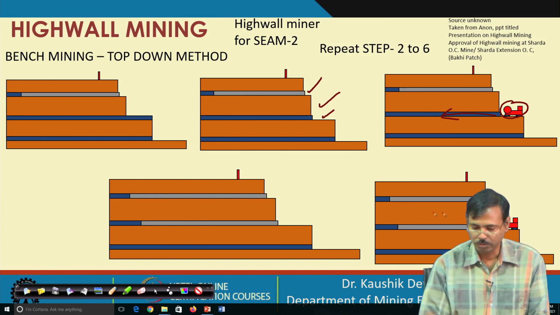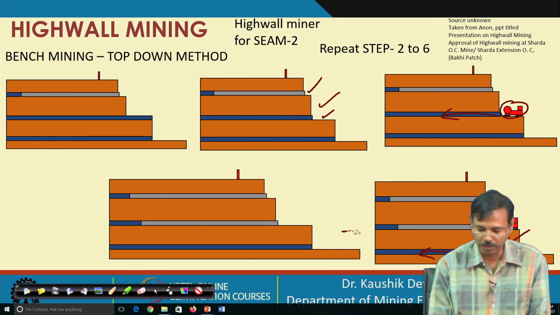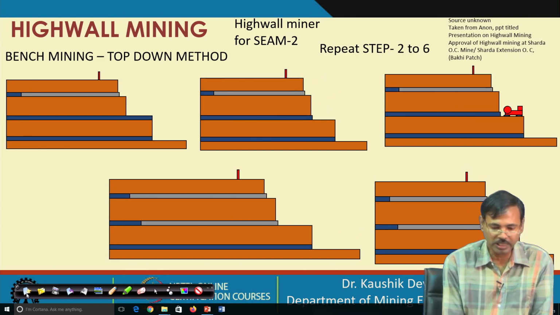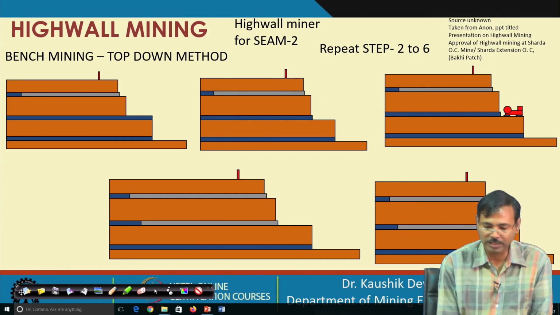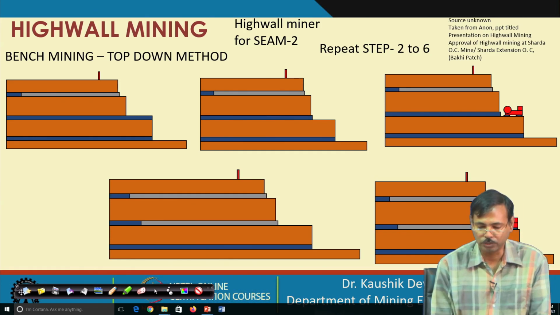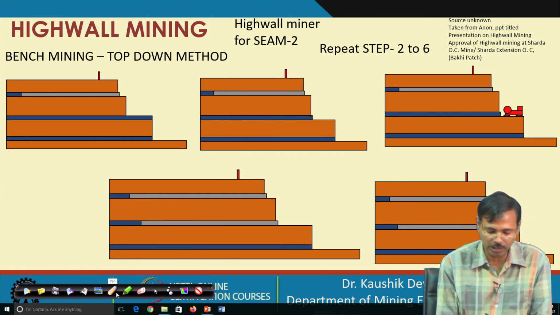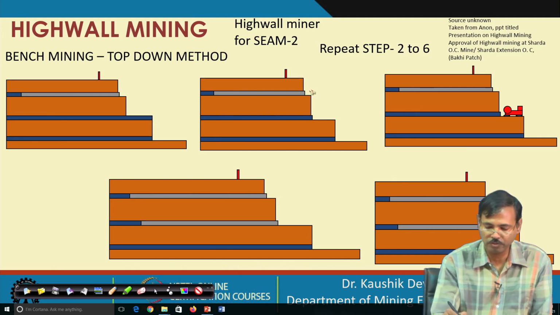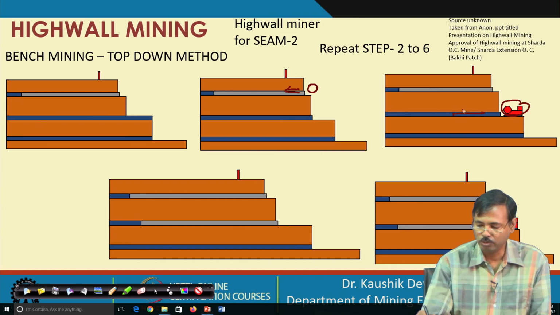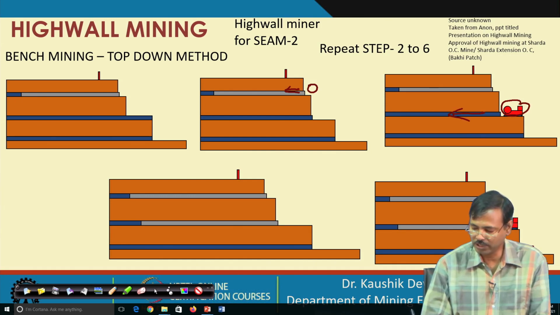After that we are moving it out, taking this part, and then again using the high wall miner to excavate this part. So, this sequence is made for excavation of this one, and the high wall miner is placed first here to excavate this one, then here to excavate this seam, and finally at this position to excavate this 3.